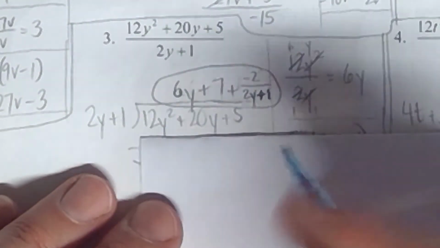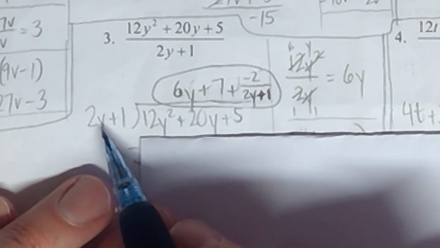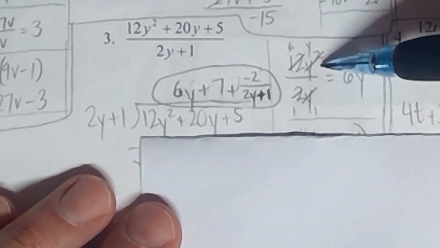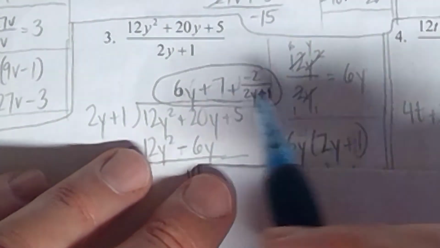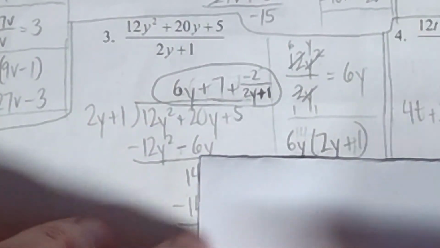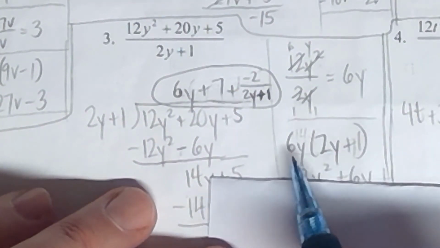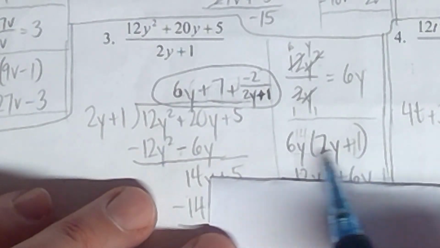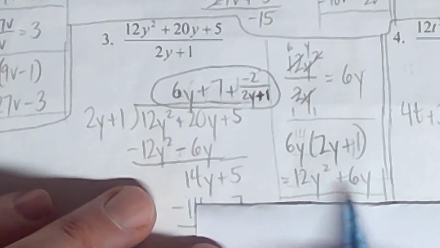Again, the terms are already in the correct order, so I'm going to take the first term divided by the first term. You see I did that over here. I ended up with 6y. So I put the 6y first up here on the top. And then I take that answer and I multiply that by the outside part with the bracket like we talked about. We get this answer down here.